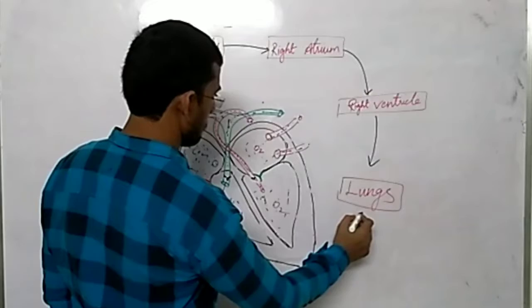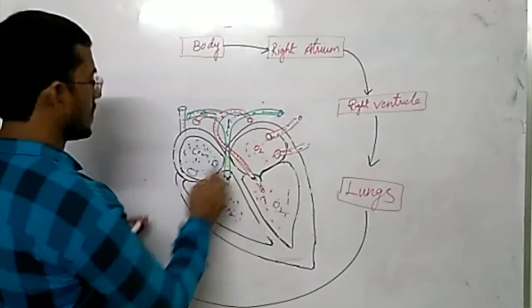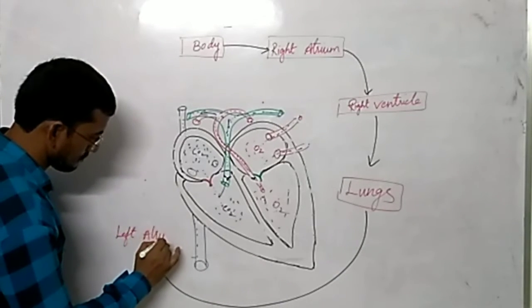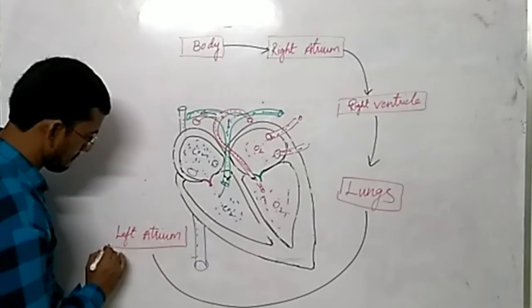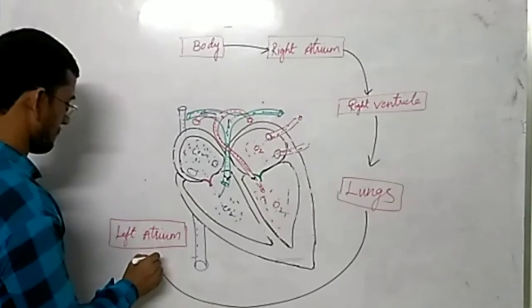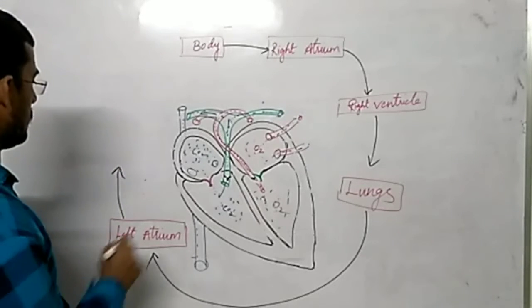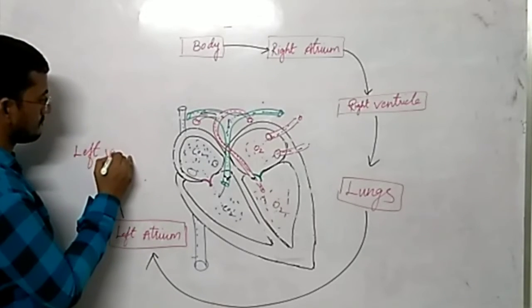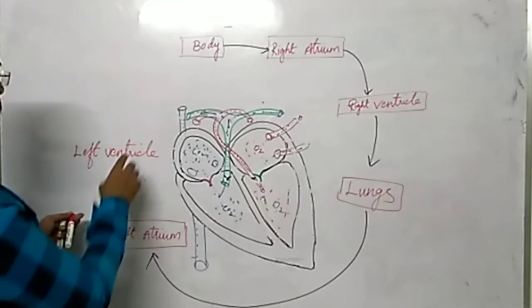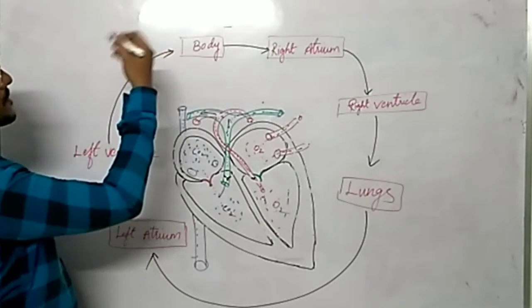From lungs, blood will move to left atrium. From left atrium, blood will go to left ventricle. From left ventricle, blood will go again to body.